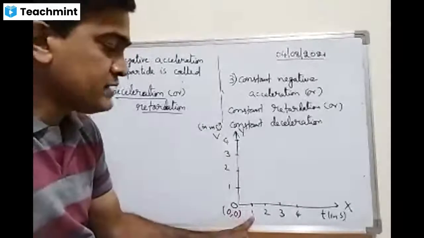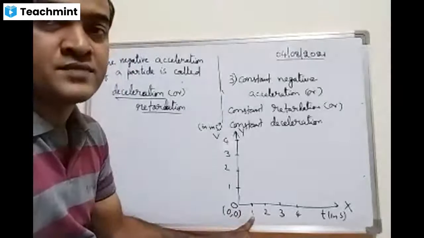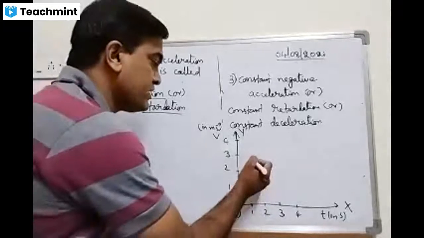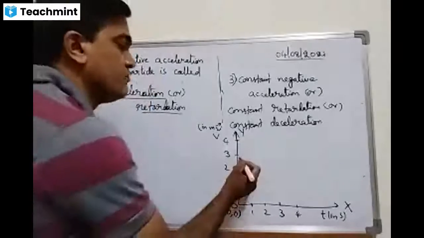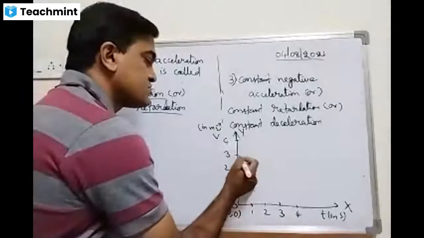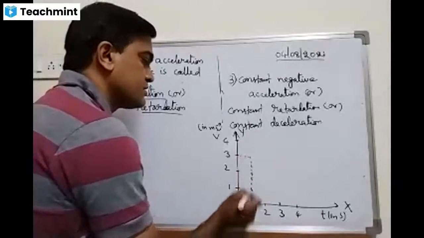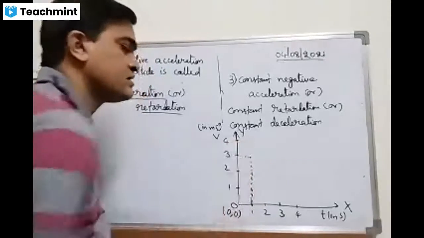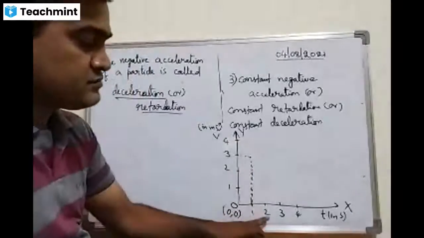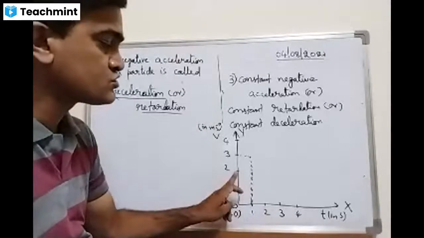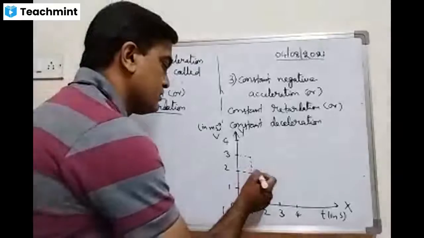Let's say at time t equal to 1 second, the velocity of the particle is 3 meter per second. At t equal to 2 seconds, the velocity of the particle is 2 meter per second.